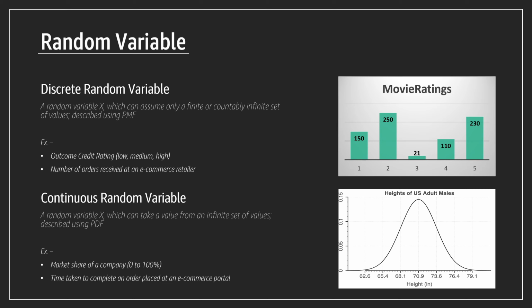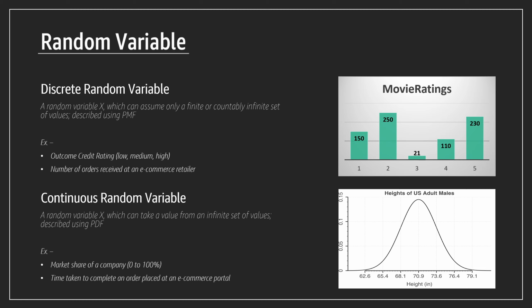By real value, I mean it could go 1,000 places beyond the decimal point. So it's a continuous distribution, and you can look at the graph here, which shows the heights of US adult males, right? It is in inches, and the height could vary from minuscule differences between the individual heights in inches, right? That's why it's a continuous distribution.